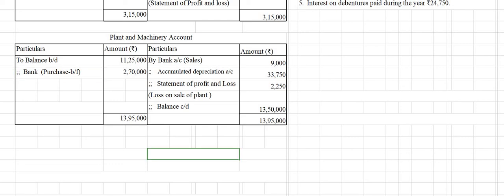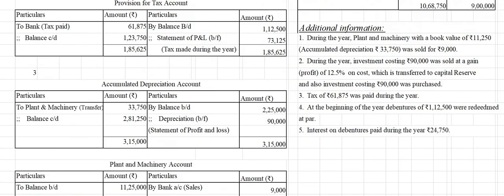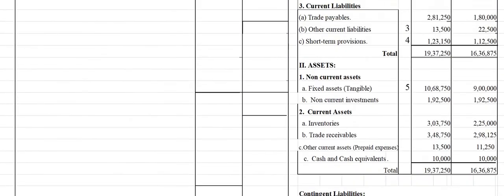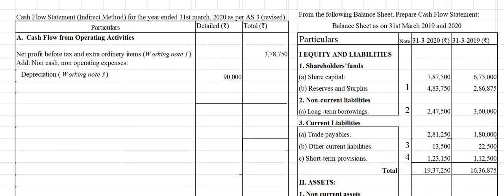Okay. So here depreciation is there, that we have written in the operating activity. Then after that, loss on sale of fixed asset is there, that also we can write, loss on sale of fixed asset 2,250. This is also a non-operating loss, isn't it?